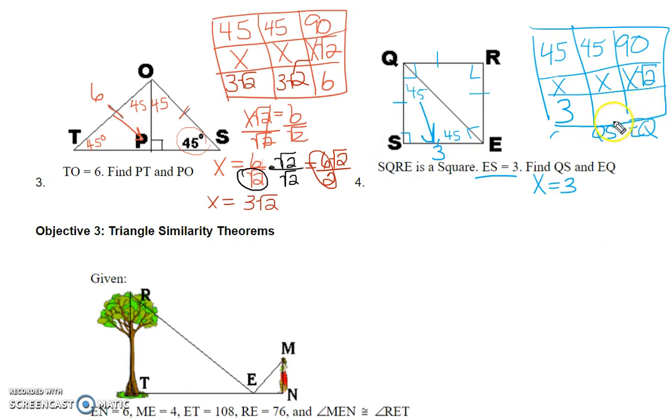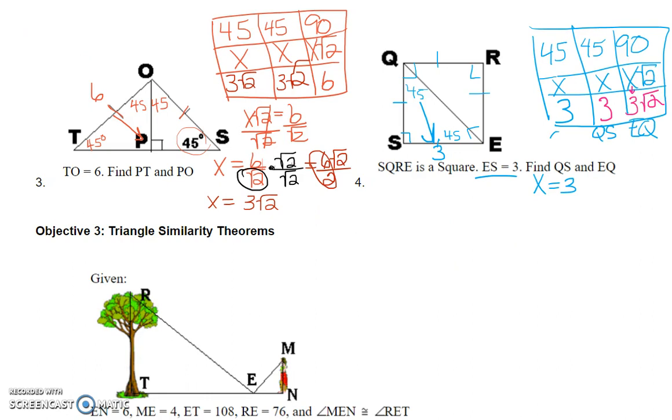And that means I'm going to fill in QS with 3 because it's also x. And then I'm going to substitute in 3 here. My EQ is 3 square root of 2. Okay?